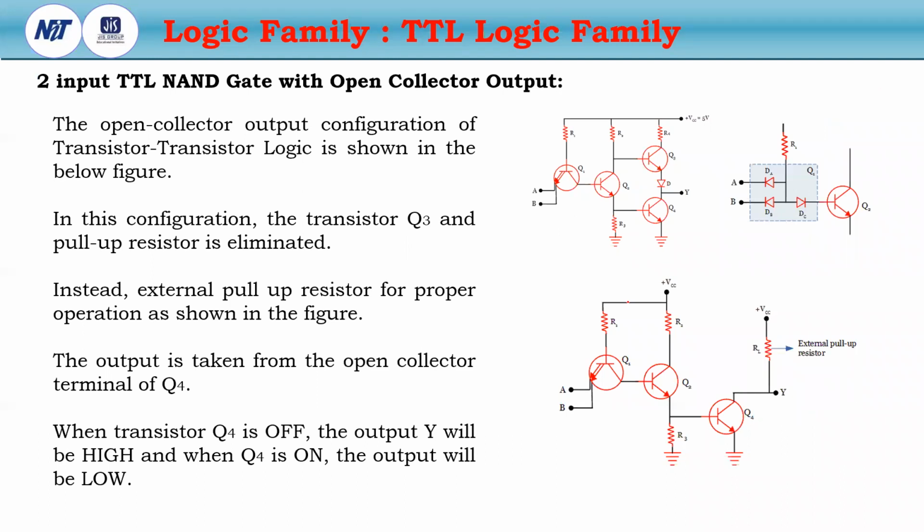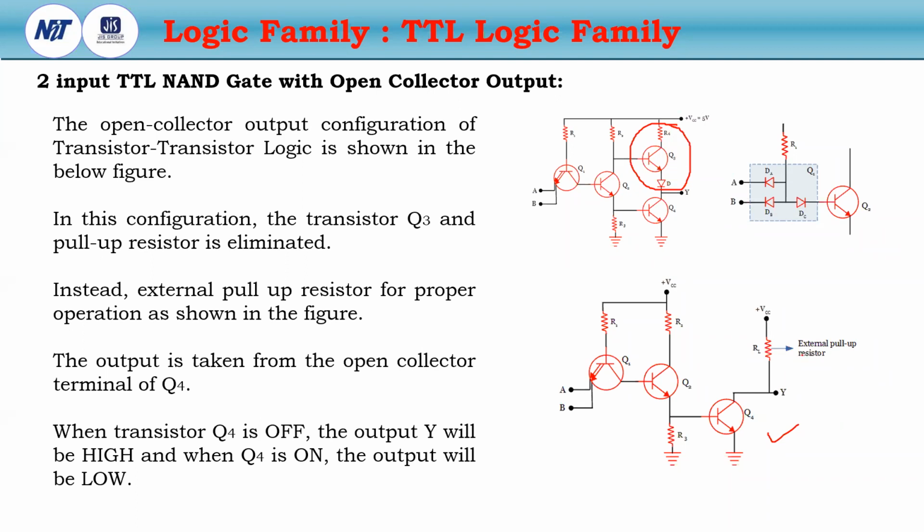Okay. So this is the NAND gate of the totem pole configuration. Now the another configuration is called the open collector output. You see that in the open collector output, we just eliminate this portion here, and one pull-up resistor is connected between VCC and the output. Additionally, we remove R4, Q3 and the diode.